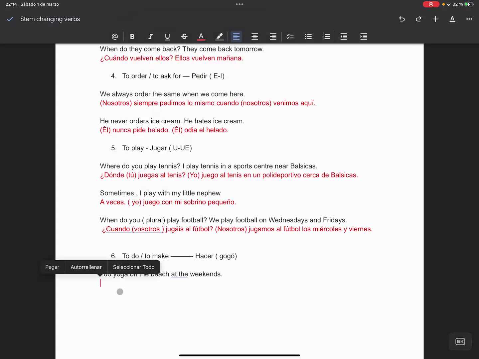Spanish. I, yo. You can say that or not, it's up to you. Now, the important part. Do, hago. Yoga. La playa. Los fines de semana. And that can be shortened to los fines. It's probably better to say fines de semana. ¿Vale? Yo hago yoga en la playa los fines de semana.